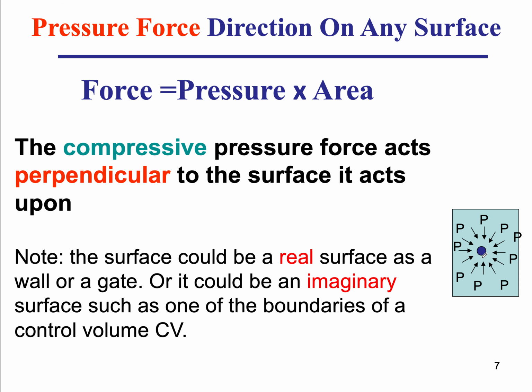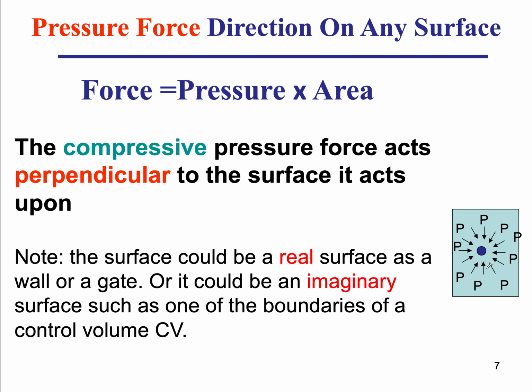So if you take a fluid element like so, this is a point. So this is a cup of water, for example. And this is a point element, and I've picked it to be weightless, so it's so tiny that it's weightless. It's a static fluid. So since it's static, the fluid element doesn't go anywhere. But I know that there are fluid elements all around my blue element here, and each one of those elements contributes a force per unit area that is compressive and perpendicular, and that force is the pressure.